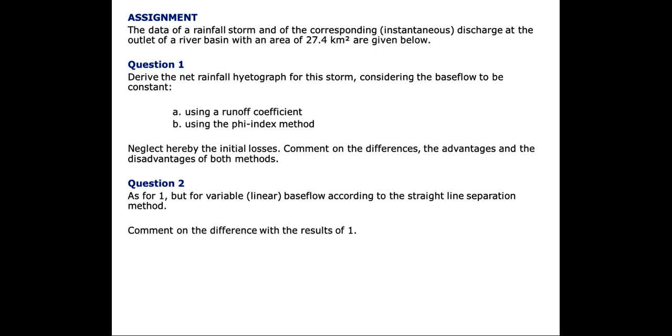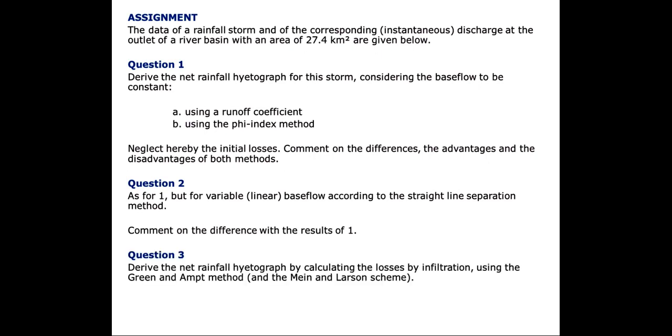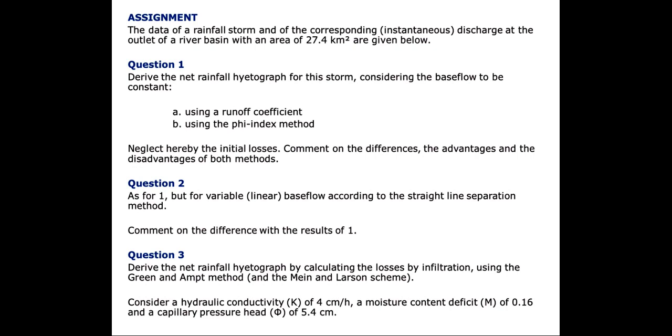The third and final question, you will apply the Green and Ampt method and the Meinen-Larsson scheme. So we will derive the net rainfall hydrograph by calculating the losses by infiltration using the Green and Ampt method. There are some properties or parameters that we need for that, and those are given in this assignment. So now we go to the first part.